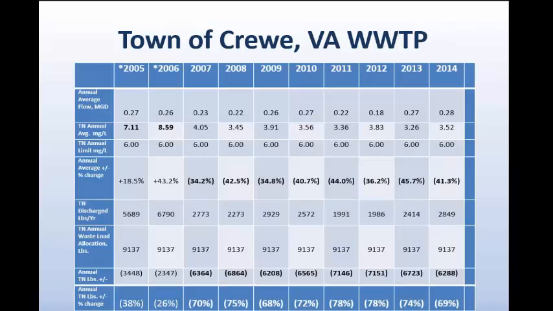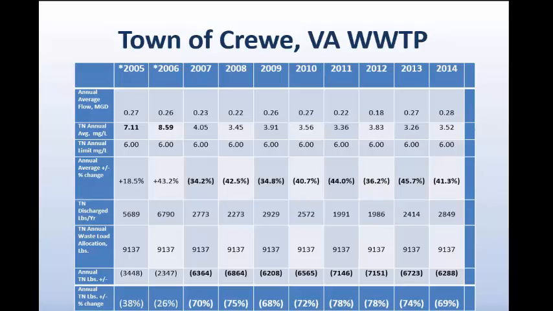And this is a look. One of the questions to Victor earlier was what the numbers are in relation to target limits. Well, this is a look at our summarization from 2005 through 2014 of total nitrogen.